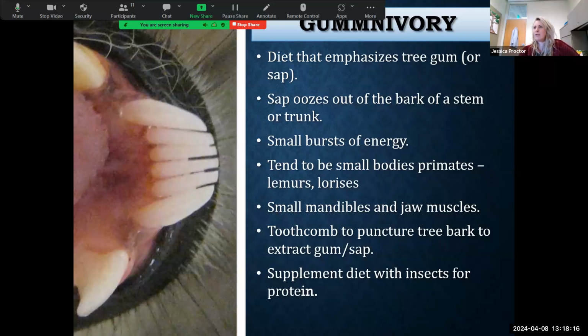Okay. So insectivores and gumnivores generally go right together. They tend to be small-bodied primates, mainly our strepsirrhines, with small mandibles and jaws and that specialized dental feature called the tooth comb, which allows them to puncture the tree bark to extract the tree gum. And they tend to supplement their diet with insects.